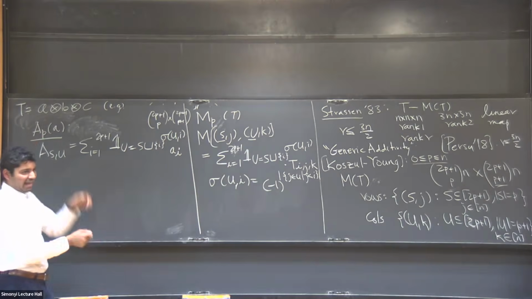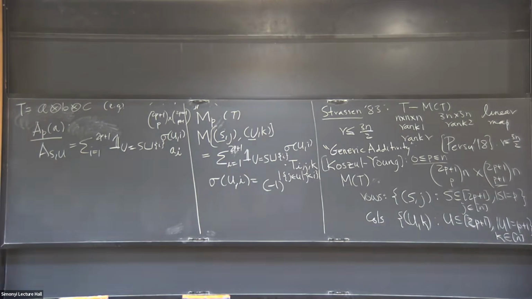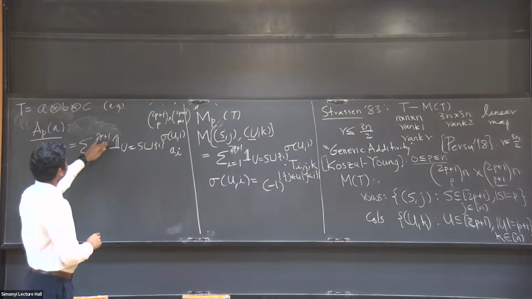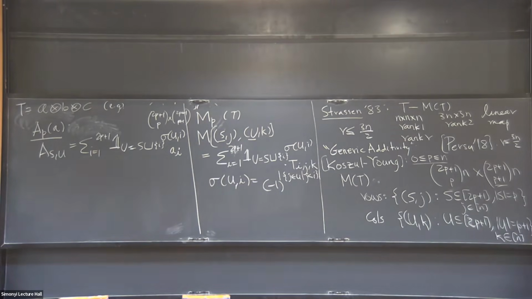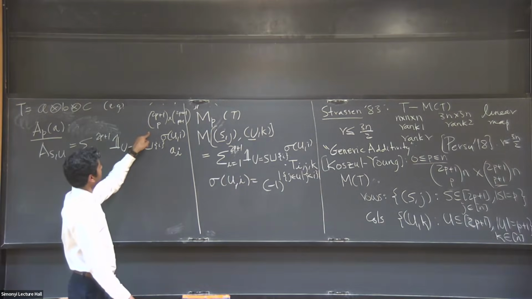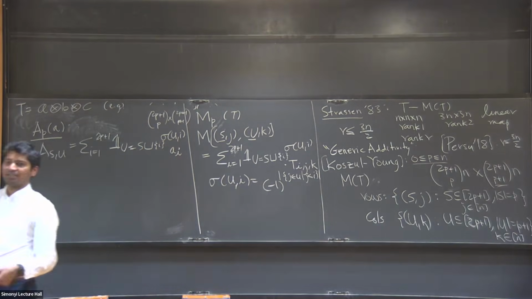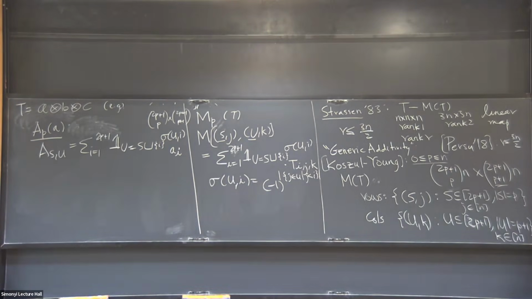I only have n numbers, a_1 through a_n. In fact, I only have 2p plus 1 numbers here because those are all the numbers I'm seeing. But I'm writing down a 2p plus 1 choose P by 2p plus 1 choose P plus 1 matrix using it.